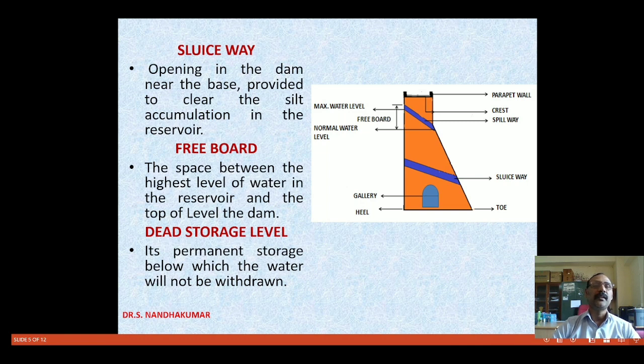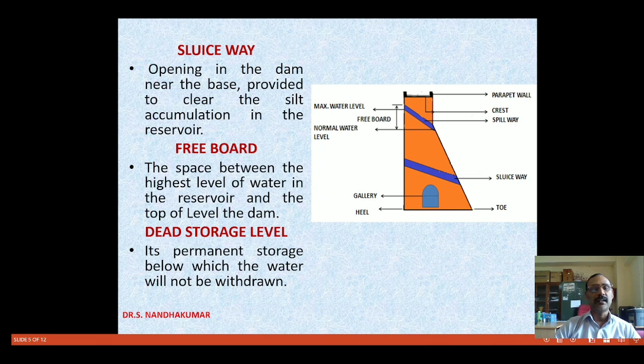Next, the sluiceway is an opening in the dam near the base, provided to clear the silt accumulation in the reservoir. These are the main parts, and we have to control the volume of water in the dam. The freeboard is the space between the highest water level in the reservoir and the top level of the dam. Dead storage level: some amount of water must always be maintained in the dam.